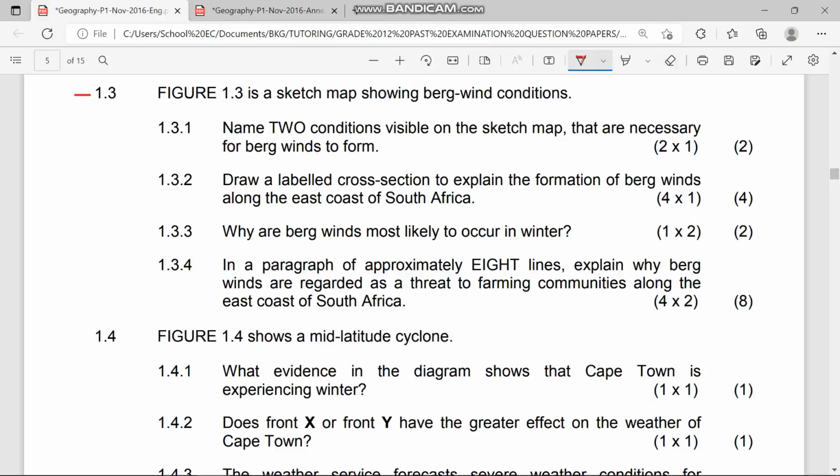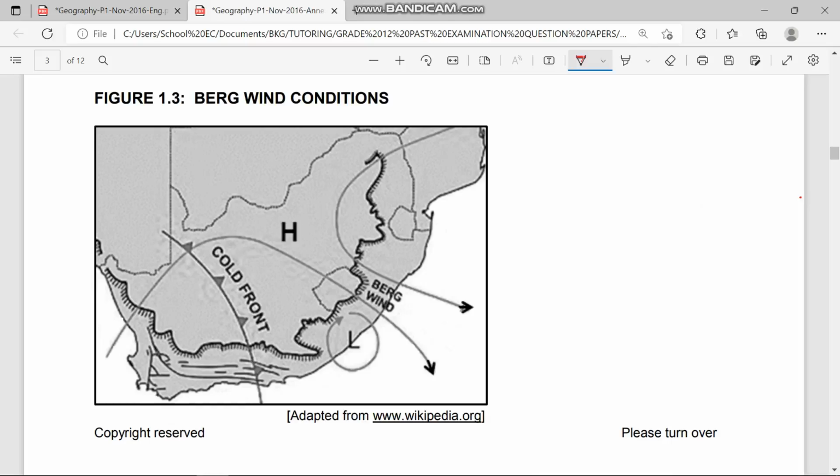1.3.1 says name two conditions visible on the sketch map that are necessary for berg winds to form. The very first one you can say is the presence of the high pressure cell.